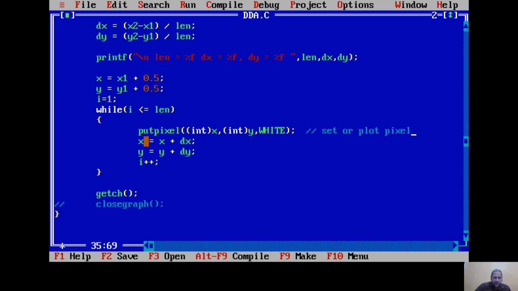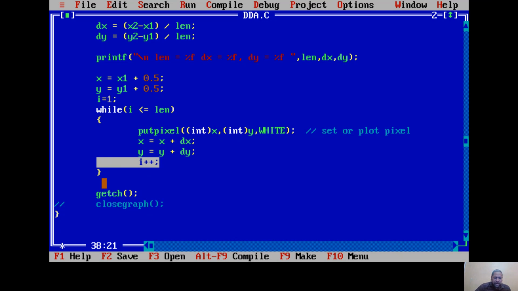I know that x is equal to x plus dx. So calculate the next pixel. What is the formula? x is equal to x plus dx and y is equal to y plus dy. And i is incremented. Again, it will check the condition if i is less than or equal to length. Again, the next pixel is plotted, and this process is continued till i is less than or equal to length.